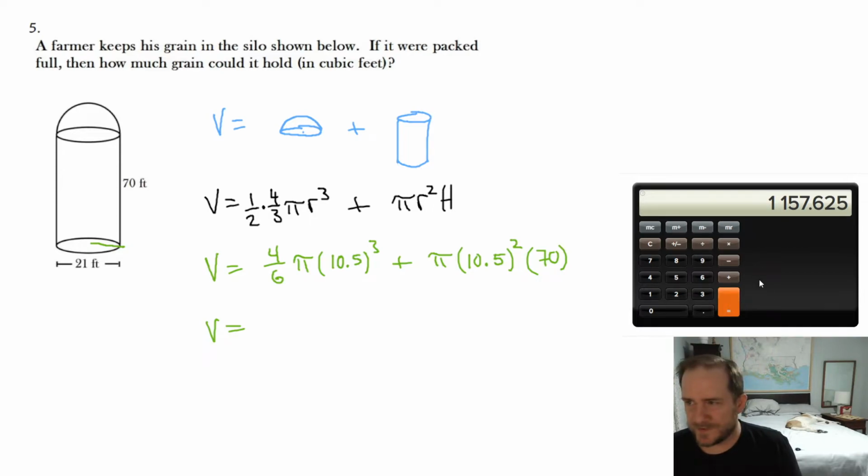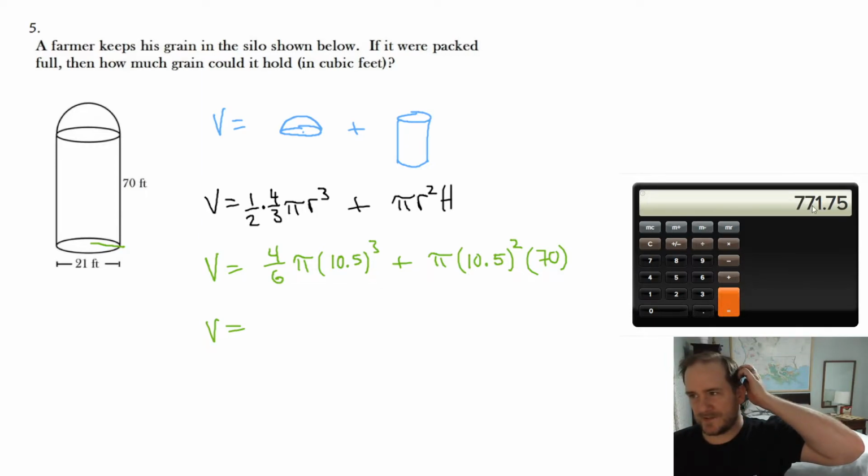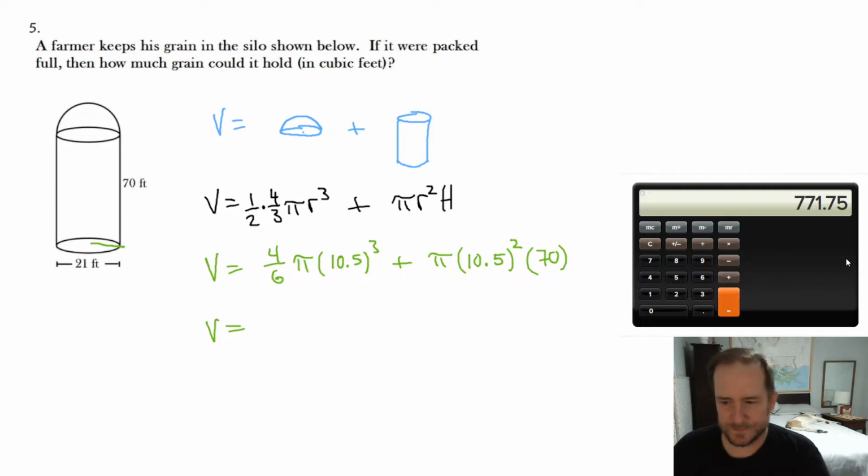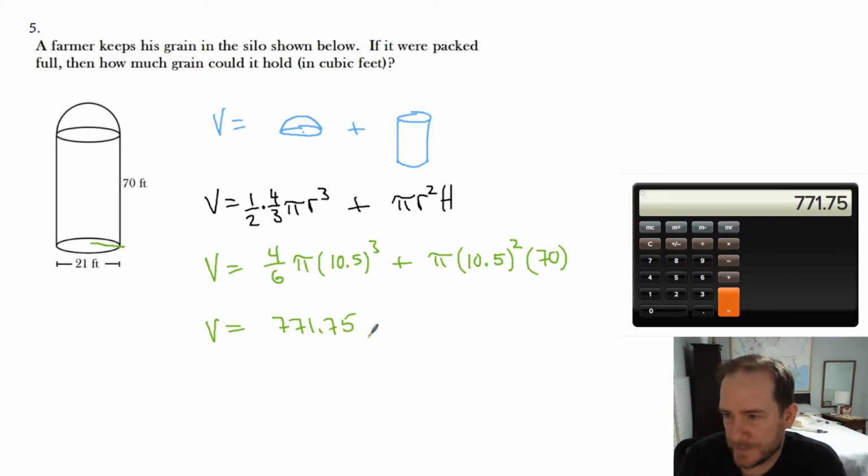There's 10.5 cubed. I'd now multiply that by 4 from the numerator of the 4/6. Then I'd divide it by 6. And that's my answer. So it's 771.75. Pi. Still have pi on that.